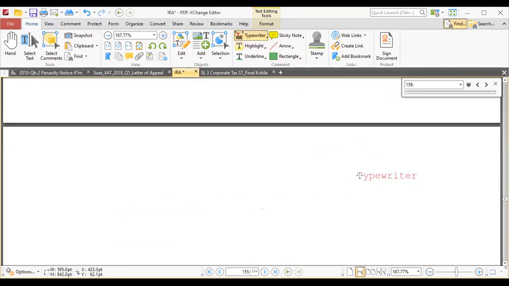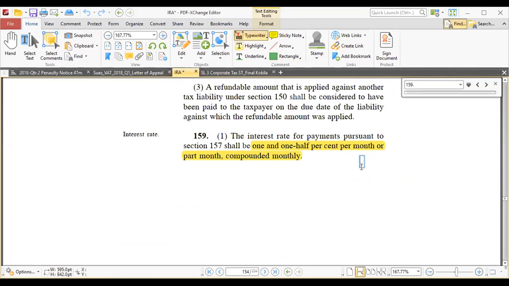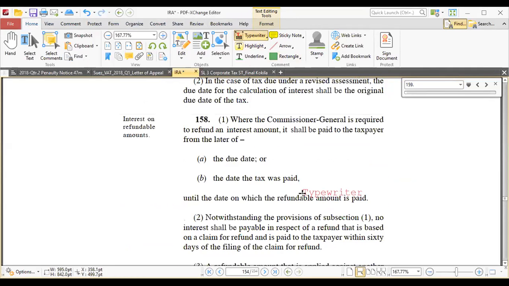This is 0.5, and here this is 1.5%. Section 158, the Commissioner General requires refund in the case of interest on the refund amount.